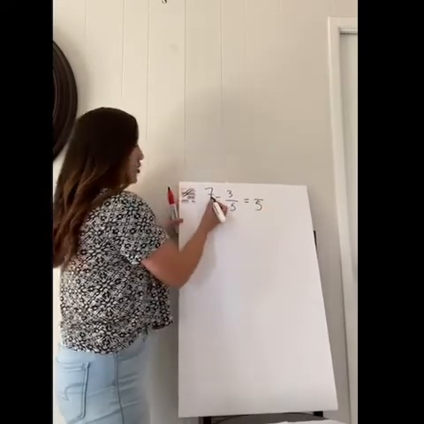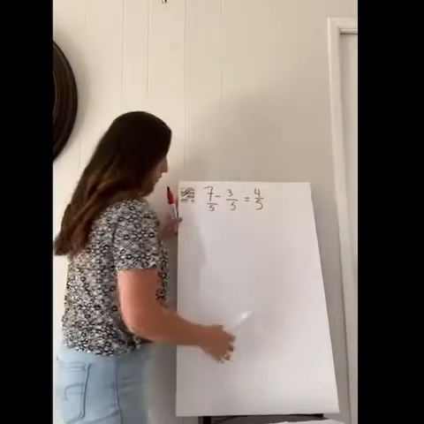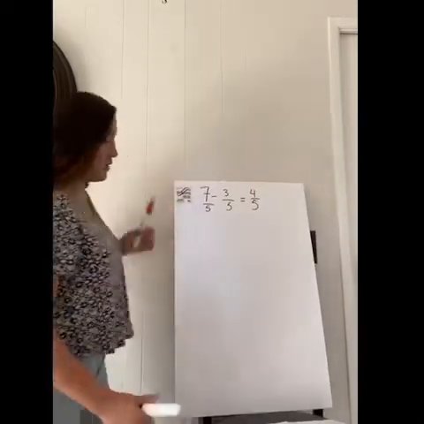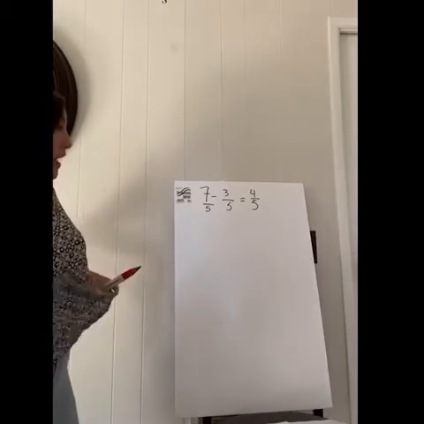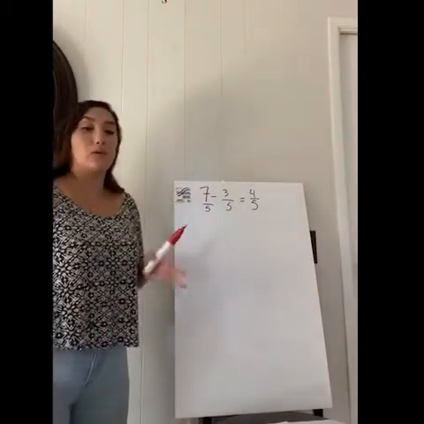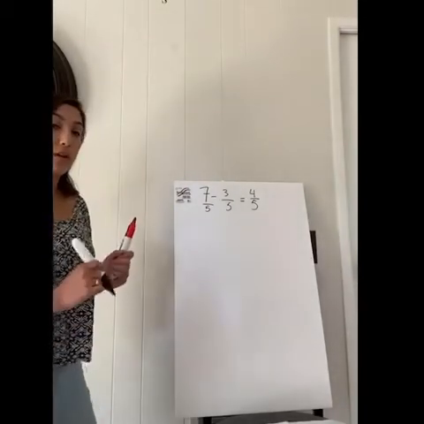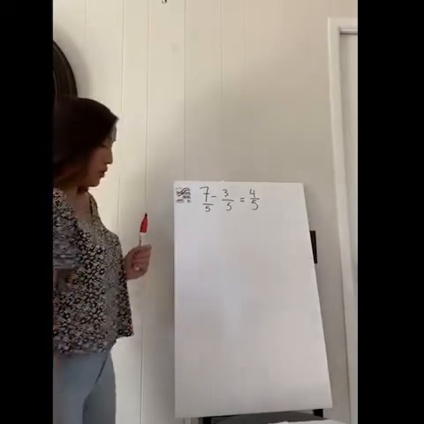And so then we subtract 7, 6, 5, 4. So we would have 4/5, and that would be your answer. If we have different denominators, we would just do the same bow tie method that we did for addition. Instead, you would subtract.